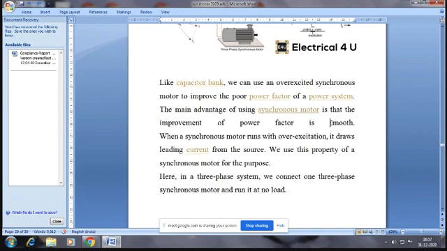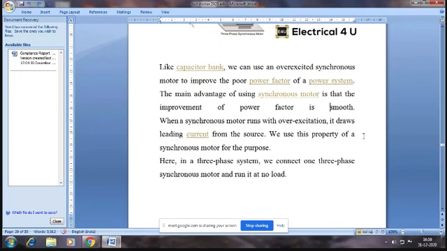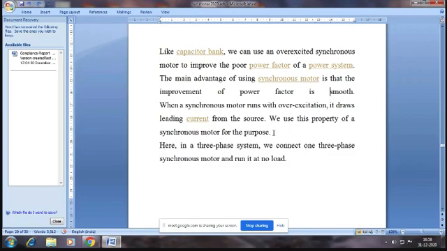When I compare improvement of power factor using a capacitor with improvement using a synchronous motor, the advantage is that the synchronous motor will improve power factor smoothly, meaning it's not a stepwise improvement, it's a curve-wise improvement, and that is absolutely good. When a synchronous motor runs with over excitation, it draws leading current from the source. We use this property of the motor for the purpose of improving power factor.